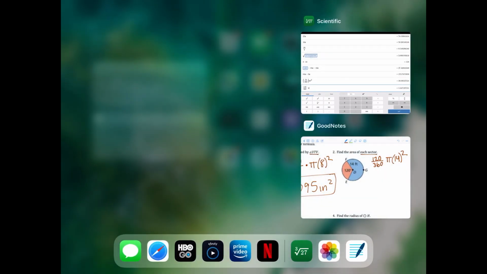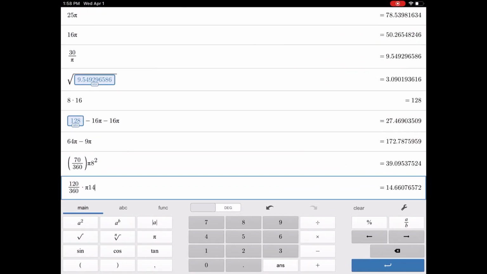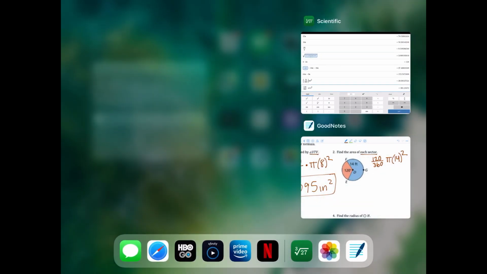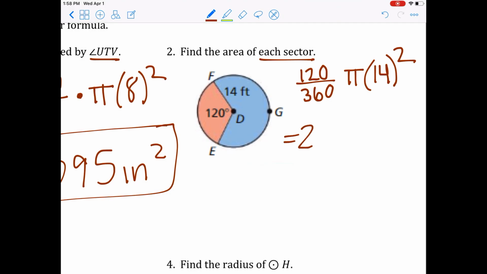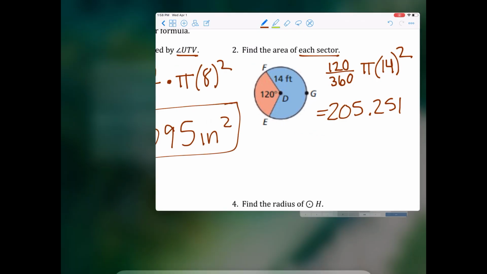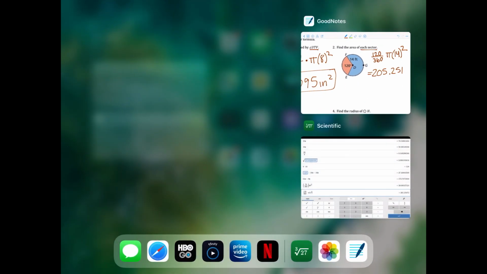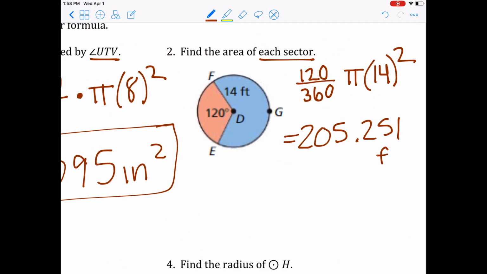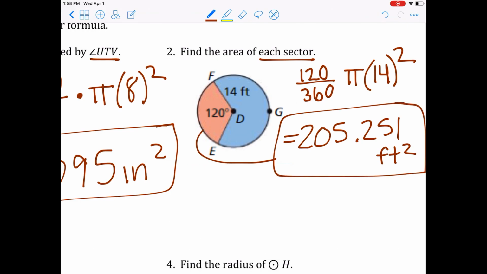What was r again? 14. And we get 205.251. Double check that. And then that's feet squared. So that is the area of our orange sector.